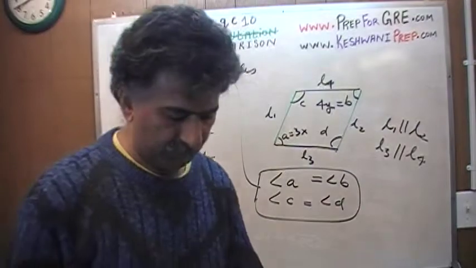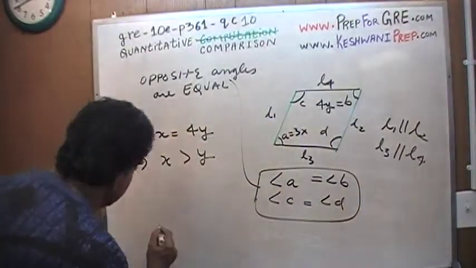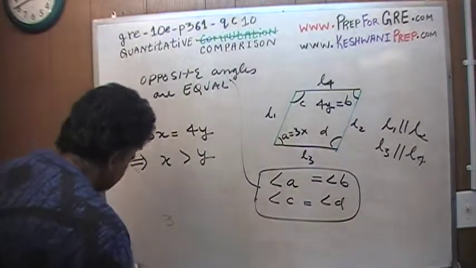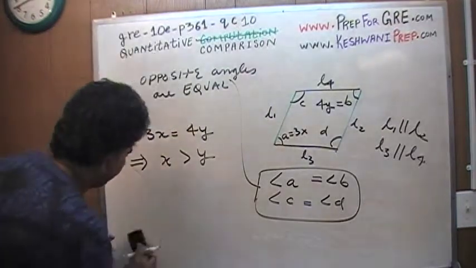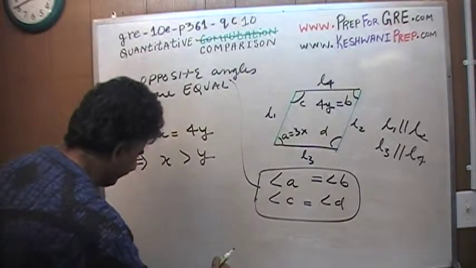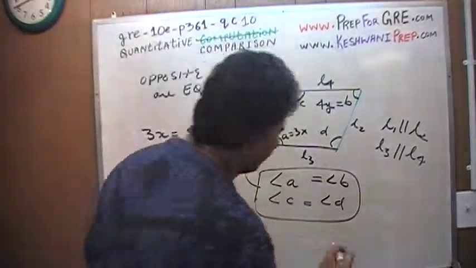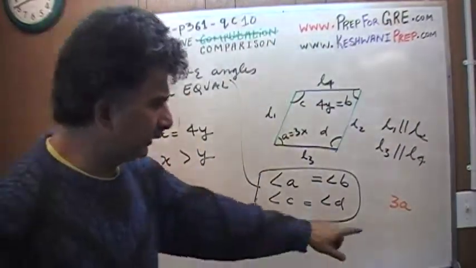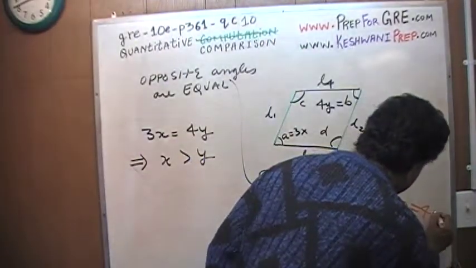If I tell you that I bought 3 apples, and I paid the same amount of money as when I bought 4 bananas.